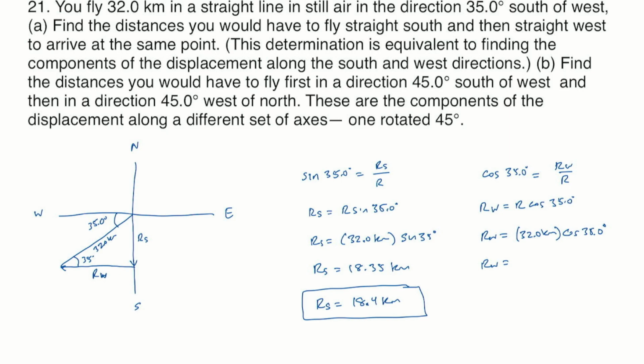And that gives 26.21 kilometers. And so the western leg would be 26.2 kilometers. So to get to the same point, we could fly 18.4 kilometers south and then 26.2 kilometers to the west. Okay, so that's all part A.